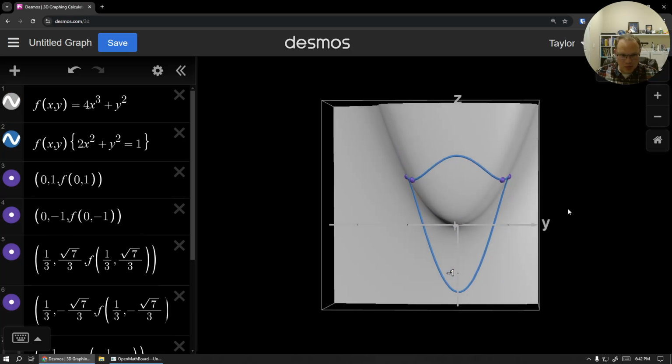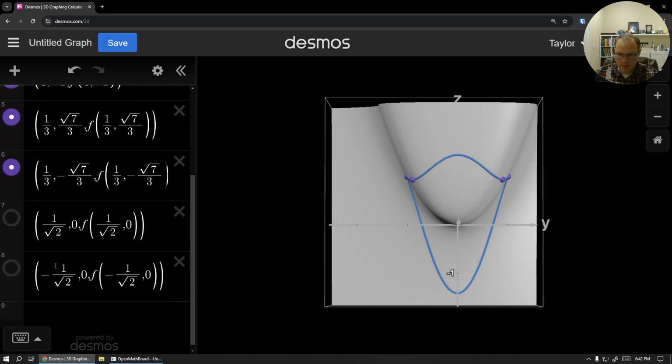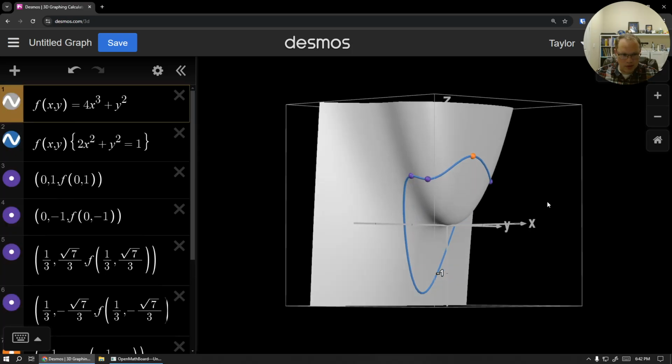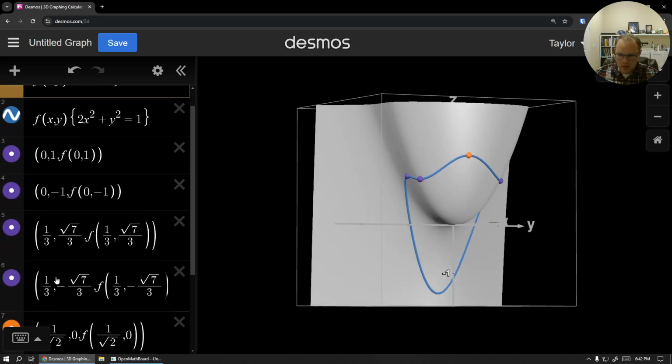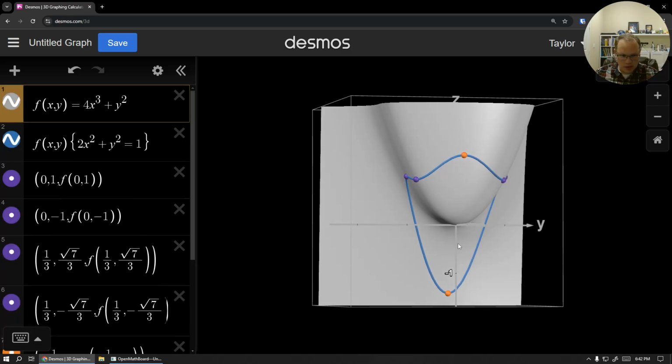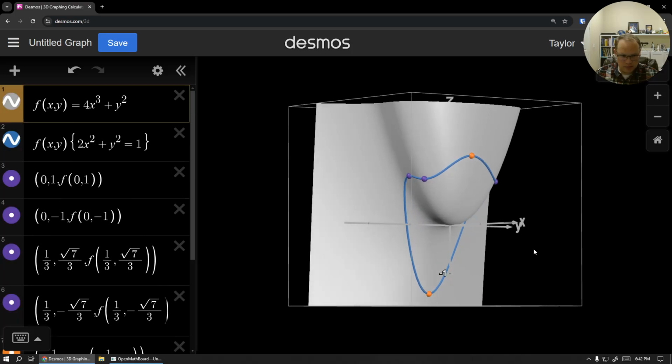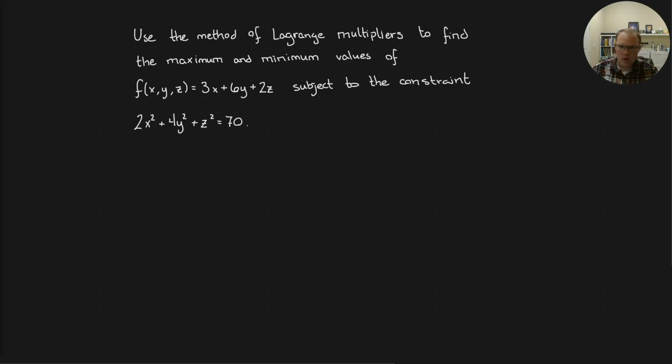But the absolute maximum and minimum were at (1/√2, 0) and (-1/√2, 0). So we did indeed find the absolute maximum and minimum using the method of Lagrange multipliers. Let's take a look at one more example.